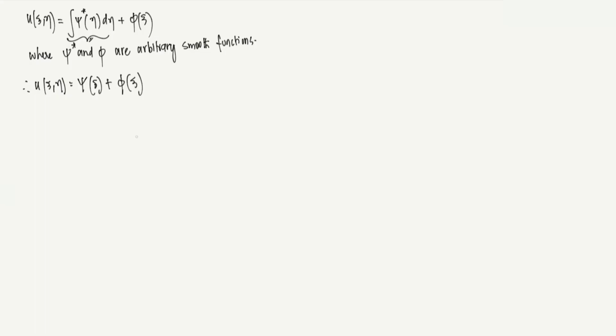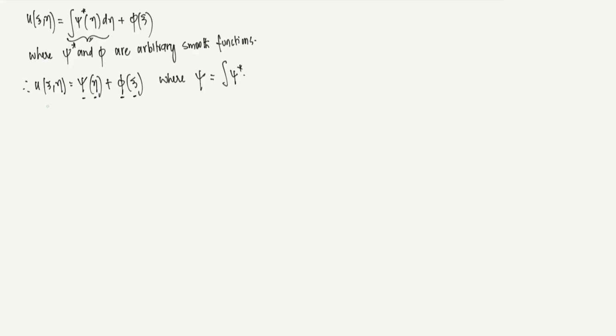One second, I made some mistake. This is eta, this is eta. This is it. Clear? Yeah. Where what is psi? Psi is nothing but the integral of phi star. This is what we are just defining like this, so don't worry about it. This is some arbitrary function, so we can just define it like this. The idea here is that u can be written as a function of eta plus some function of xi. That's the point.